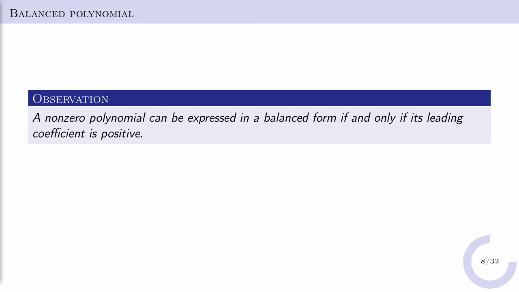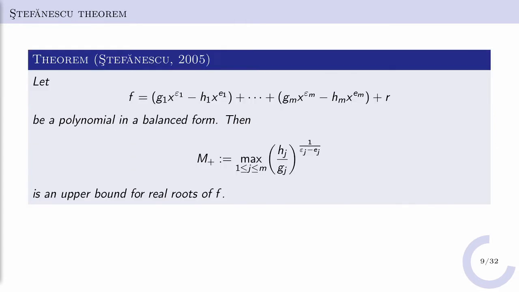So this observation does not lead to any problems. We can always find a workaround. And now we are ready to present the Stefanescu theorem. This is quite a modern theorem.